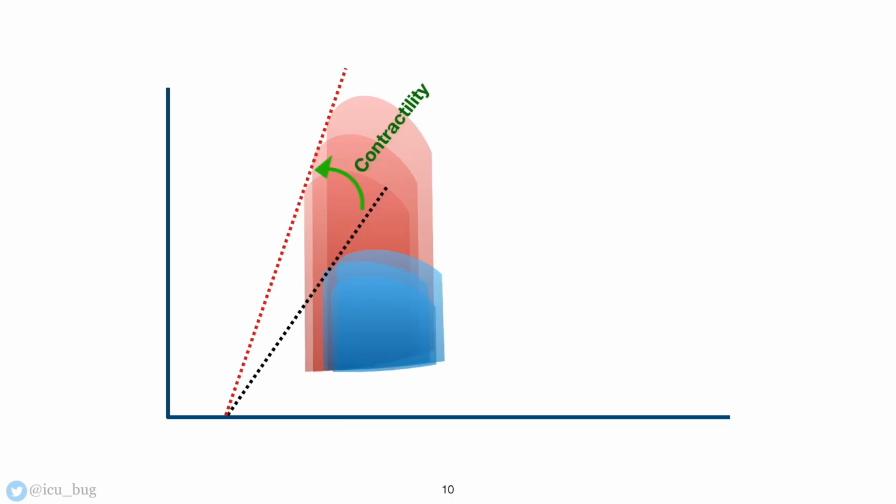Here we can see the two contractile states of the heart, probably because of administration of an inotrope. So we can see as the contractility increases, the end systolic pressure volume relationship is shifted towards the left, and the slope of the end systolic pressure volume relationship, which is the end systolic elastance, is increased.